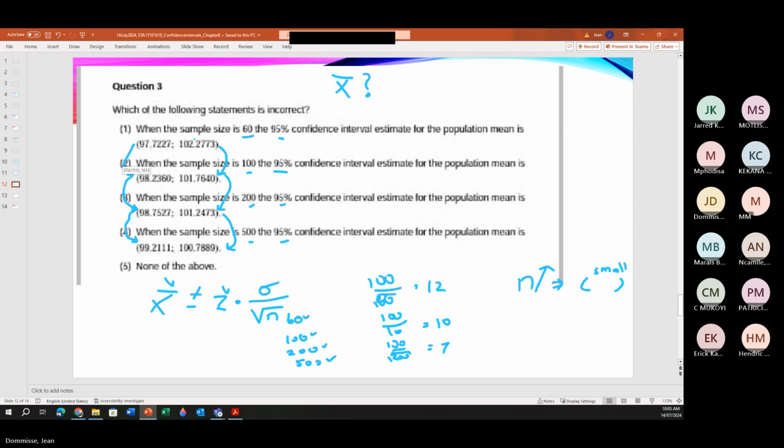So remember, we've got the lower, we've got the upper, and in the middle, and it seems like here it was 100. Because if I look at everything, it seems like 100 is sitting in the middle.